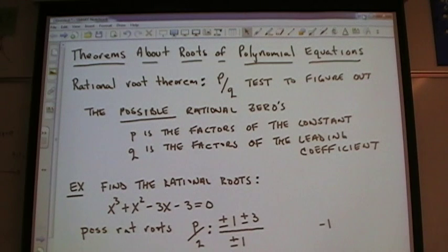One of the questions I could ask you here, the first type of question, is to look at the polynomial equation and just list the possible rational zeros.